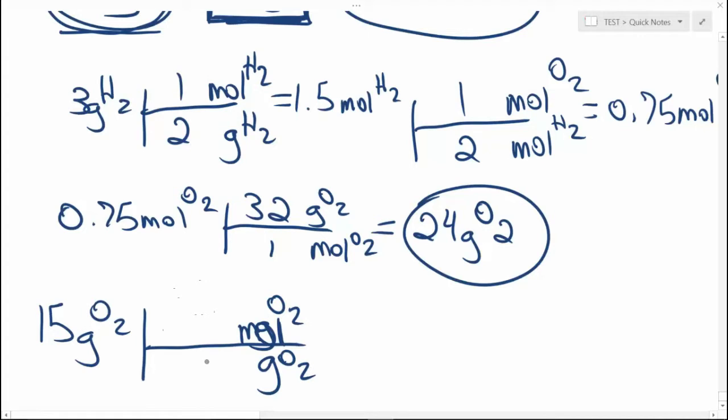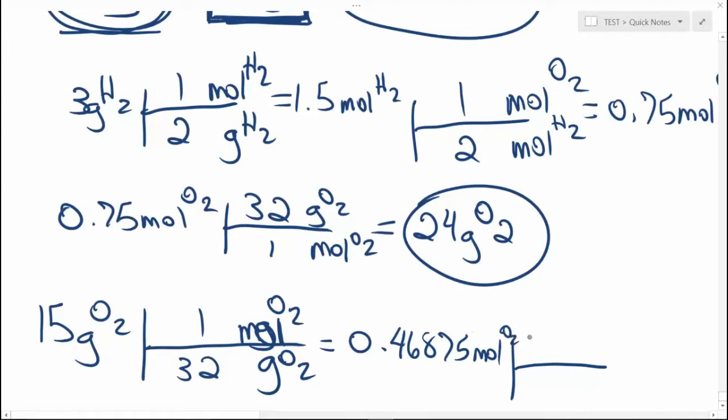So there are 32 grams for every 1 mole, so 15 divided by 32 equals 0.46875 moles. Now I can convert that from the moles of O2 to the moles of H2O using my balanced chemical equation.